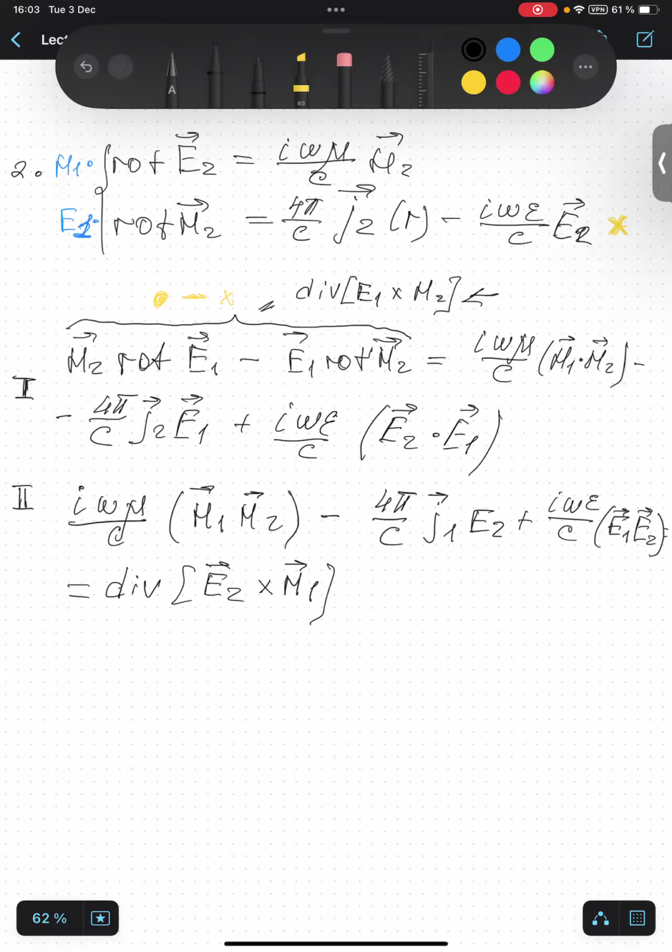What we can do, we can subtract the second equation from the first, for example.